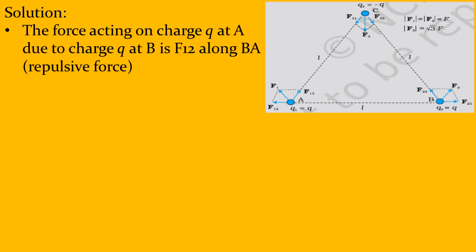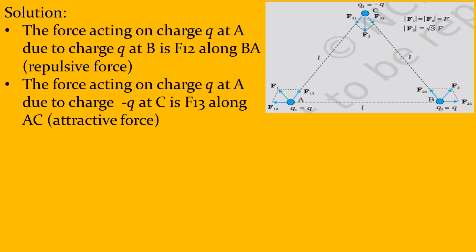The force acting on charge Q placed at A due to charge Q placed at B: now both have the same sign, so the force is along BA. It's a repulsive force. The force acting on charge Q placed at A due to the negative Q charge at C is along AC because it is an attractive force.